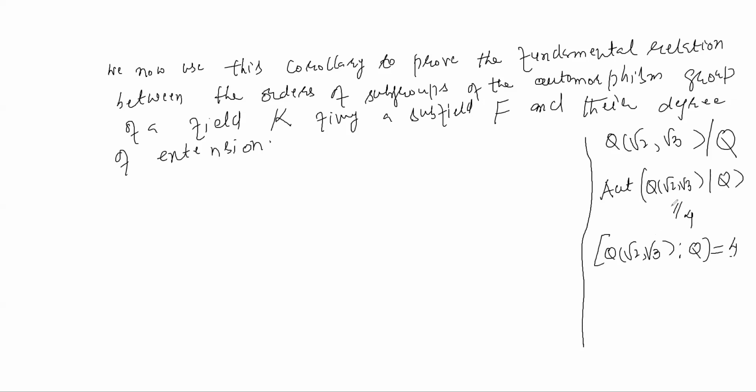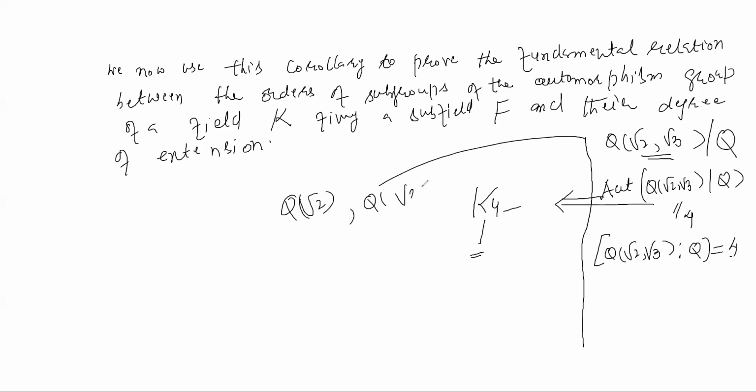This group is actually the Klein 4 group, K4. We considered its subgroups, and also the subfields fixing Q: Q(root 2), Q(root 3), Q(root 6). We also considered the subgroups of K4 corresponding to these fields, as you remember from the last lecture. But now we are going to prove a general result.